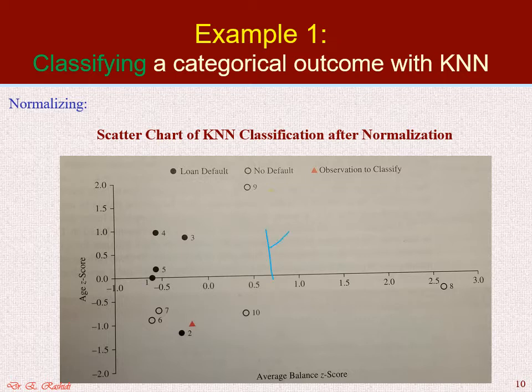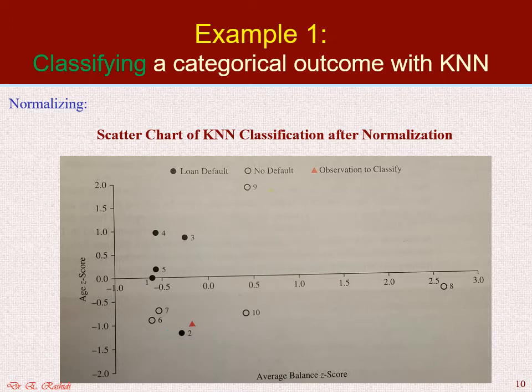For example, if we consider k equal to 1, then the closest observation, the closest neighbor to our new observation, would be data point 2, which is a loan default observation. So we would classify our new observation as a loan default.